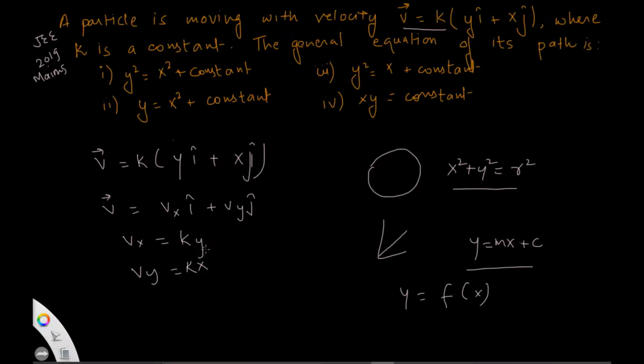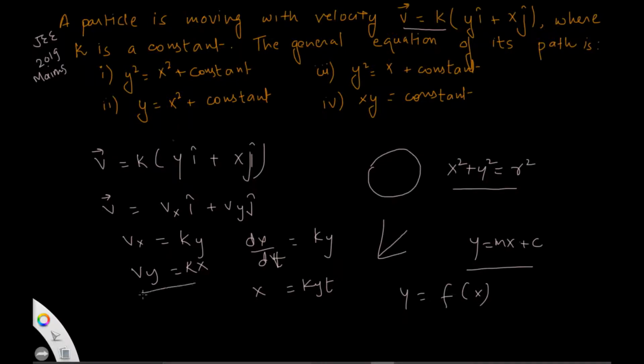In the exam, when you are facing the time crunch, the first thing that comes to your mind is integrating Vx and Vy to get x and y. You have dx by dt equals ky, then you directly integrate it and you will get x equals kyt.